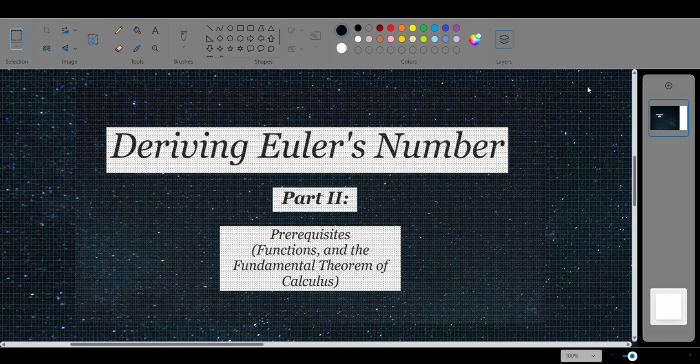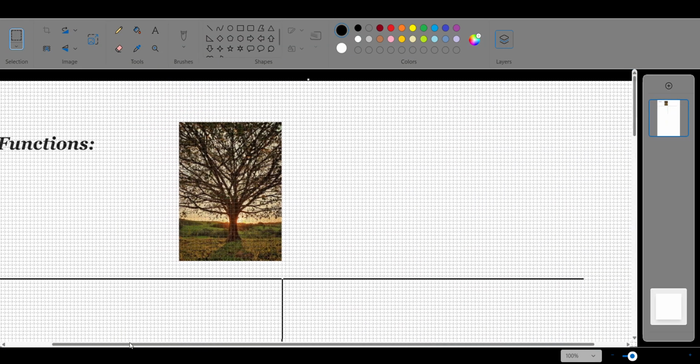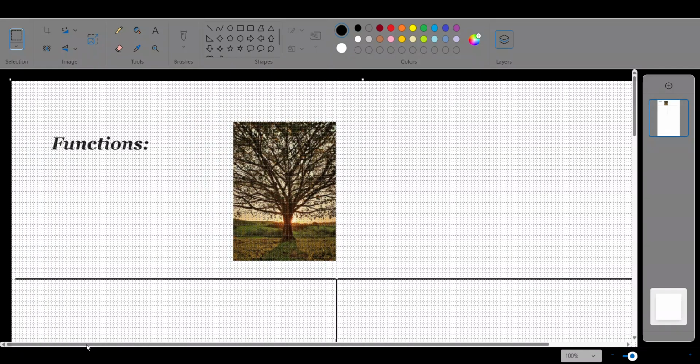So let's start off with our first topic, which is functions. To start with this topic, I'm first going to talk about the lifetime of a tree. A tree starts off as a seed, and then as you keep watering it and it gets sunlight, it grows into a sapling.